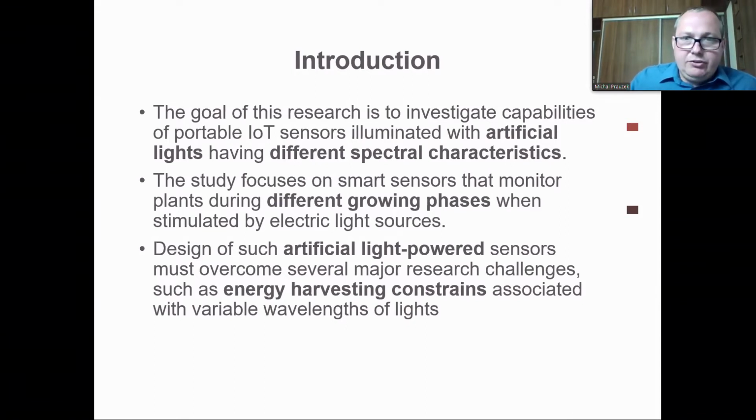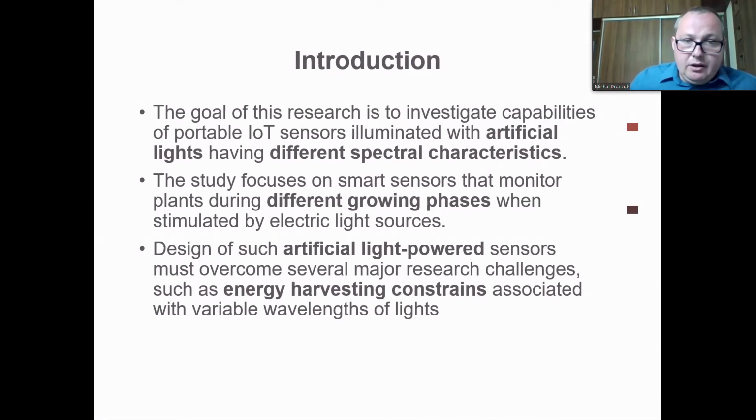Our artificial light has a different spectral characteristic, and we are using these different spectral wavelengths from the different growing phases of the plants. So we are building the sensors, applying them to the ground, and lighting them with the artificial light.